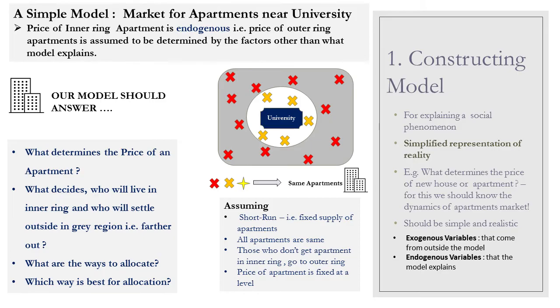Okay, and what is already given or within the model, that is endogenous. Like in our case, the inner ring apartments' price is endogenous. So this is the key distinction. Now keeping this in mind, let's proceed further.